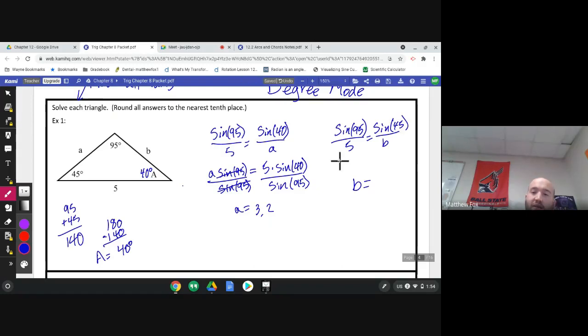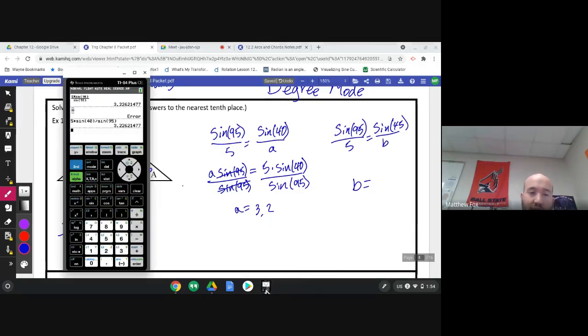We'll multiply 5 times sine of 45 divided by sine of 95. I'm not going to write it all out. So 5 times the sine of 45 divided by the sine of 95. We hit enter, and we get 3.5.